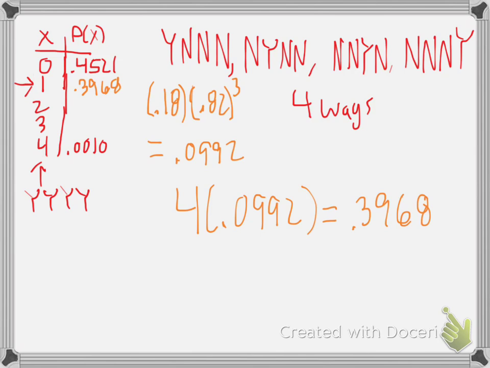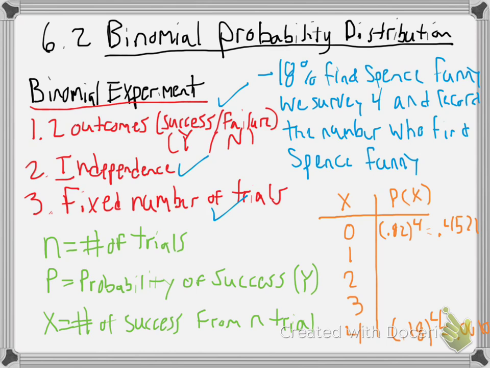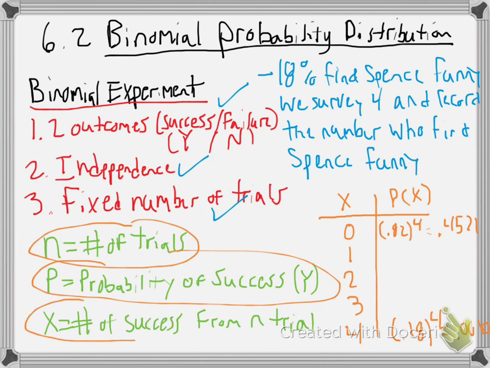All right, when we figure this out, we're figuring out an outcome in a binomial experiment, 1 out of 4 yeses. So remember, back to the previous page, every binomial experiment has a number of trials, a probability of success, and a certain number of successes that we're concerned about.